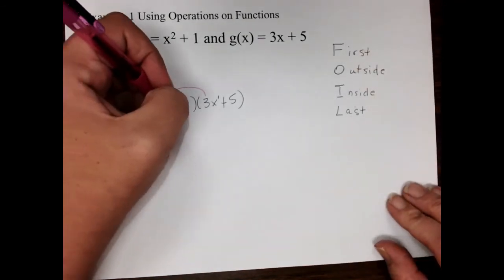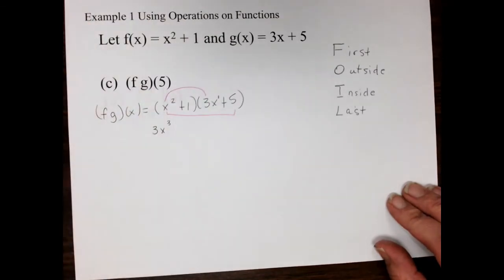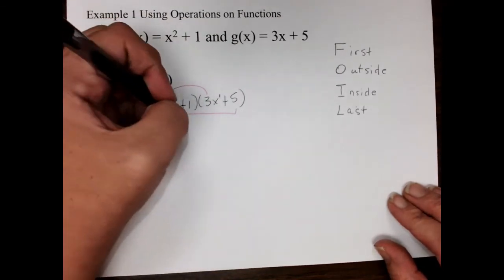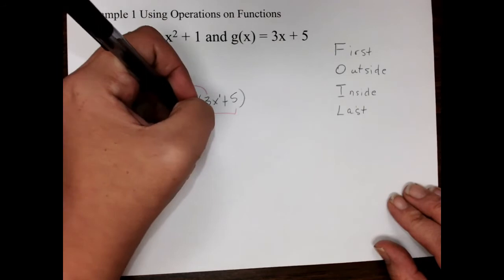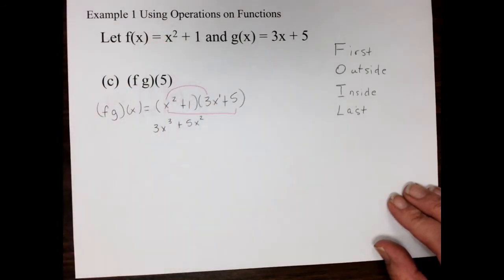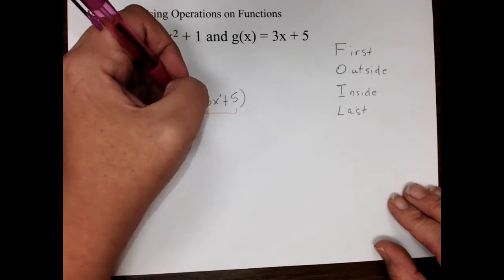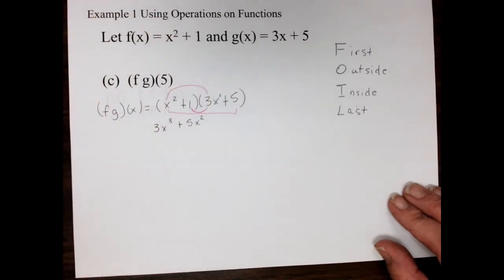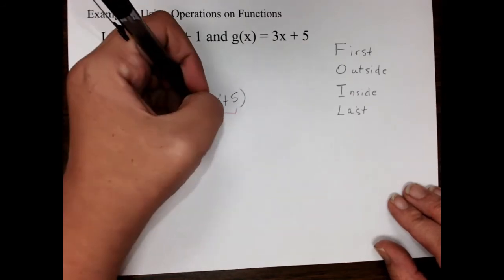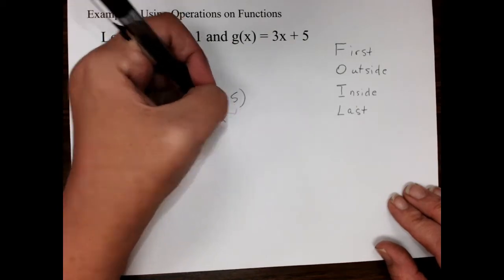Now for this outside pair, I have 5 and I have x squared. So I'm just going to have 5 as my coefficient on that x squared term. Now let's multiply these inside two terms. 1 times 3x. Well, that's not too bad, right? We just get 3x there.